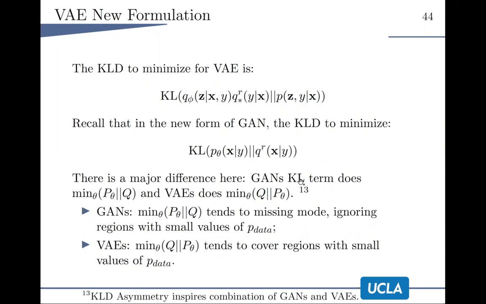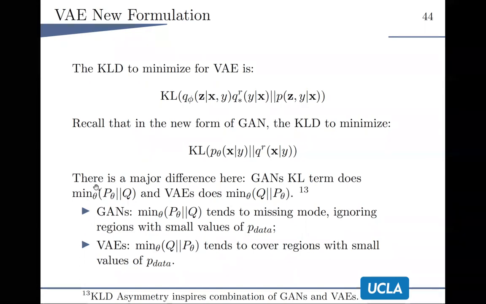The GAN's KL term does the minimization of P theta over Q, and the VAE tries to do the minimization of theta, but it's Q over P. Oh, sorry, I missed KL here. It's minimizing theta KL P.